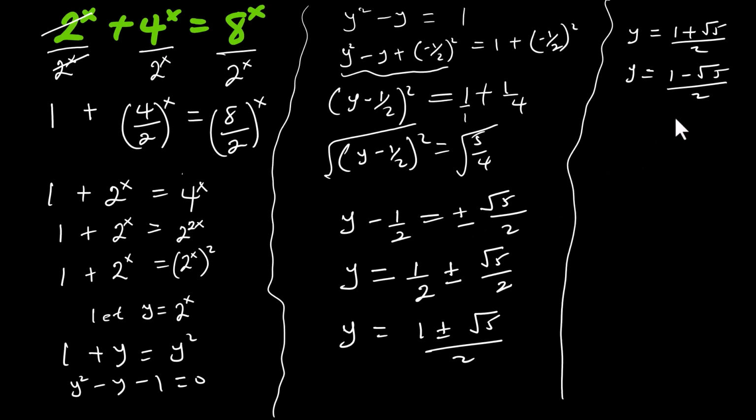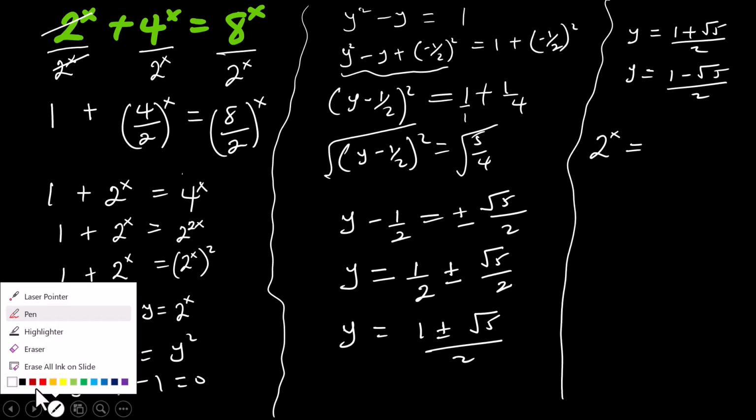Now, when you take this on the calculator, one gives you a negative and one gives you a positive. Let's go back. Remember, we represented 2 raised to x by y. So 2 raised to x equals the first answer for y.